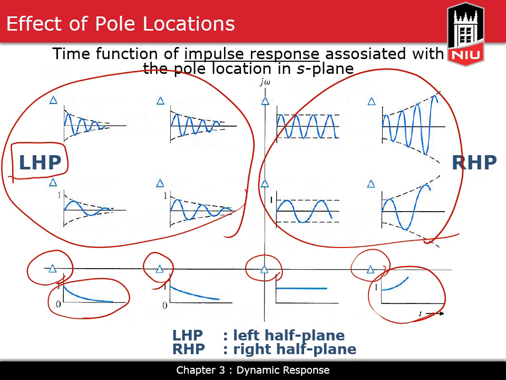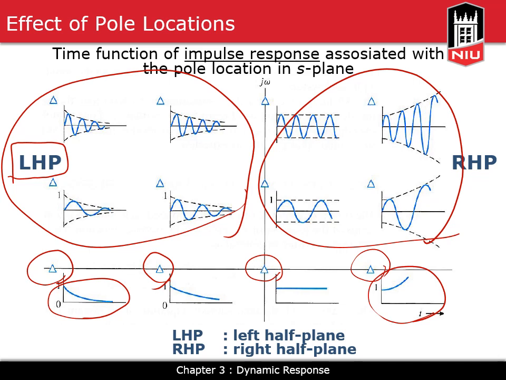If the poles are complex but on the left half plane, we will still see a decaying signal. We call it decaying or stable or converging. You can see that this time the response will actually have some oscillations going up and down. It looks like a sinusoidal, but the amplitude of that sinusoidal is decreasing with time, so it is actually converging to a constant value.